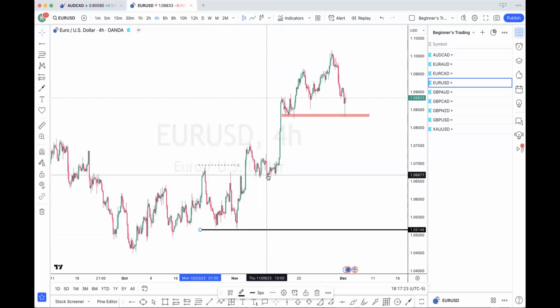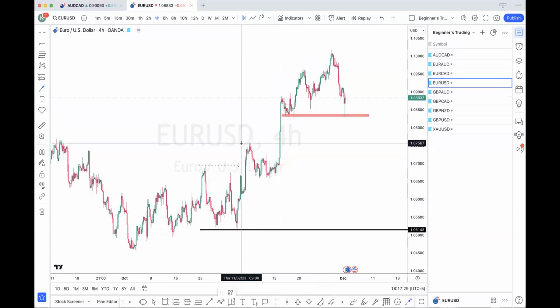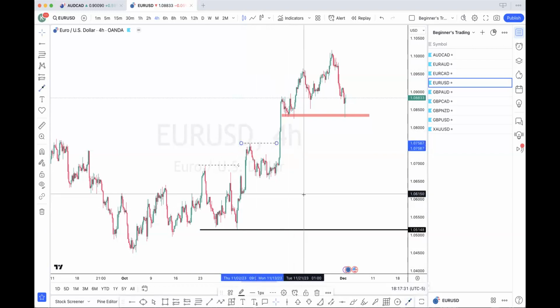So then once you get a pullback and then you get another impulse move, you have that break of structure. So now everything below that zone that forced this particular move, and when I say forced, like there was, as Todd will put it, meandering before the push up.